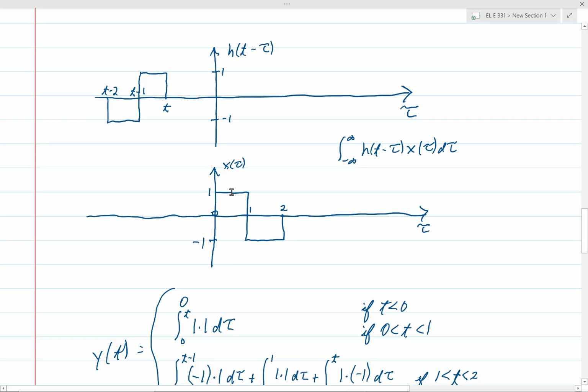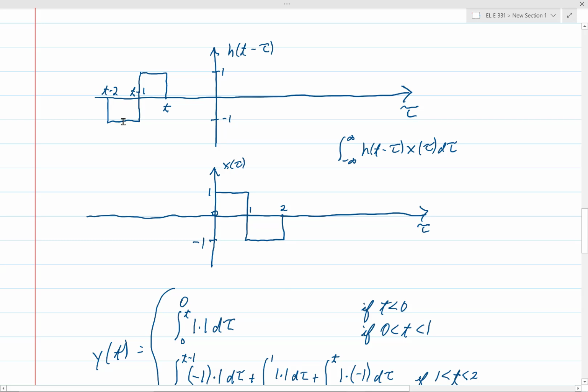So the first portion we're going to have to integrate is part of the negative portion of h with this positive portion of x.